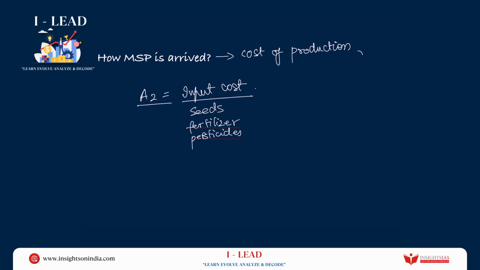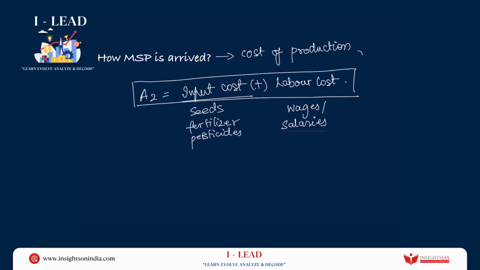Along with this, there is also something called labor cost. Labor cost is nothing but the wages or salaries which the people working in the field have to be paid. So if you add the input cost and the labor cost, this is generally what used to be calculated.